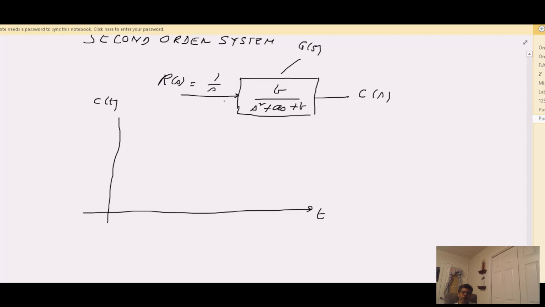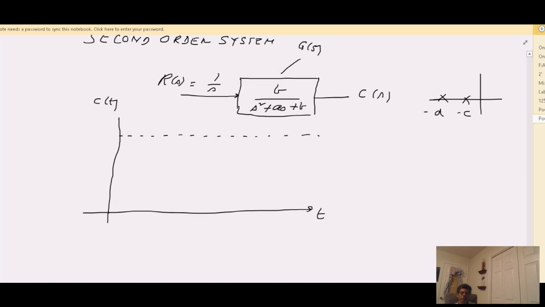So if we have a system in which we have poles on the left half of the plane, we have two real poles. Let me call these maybe C and D. It doesn't matter, some numbers, right? On the left hand side, you've got two poles. If you have two real poles, then your system is overdamped. In other words, let's say here is the line that you are trying to reach.